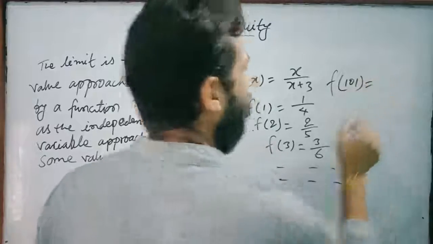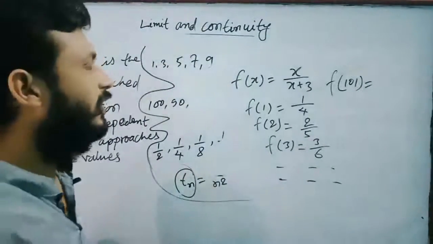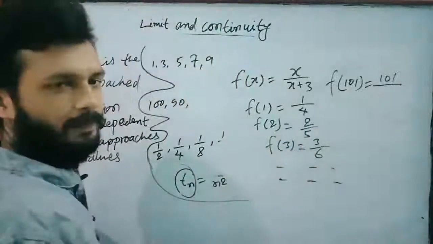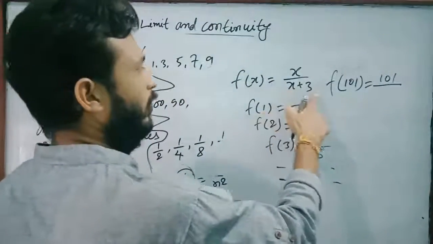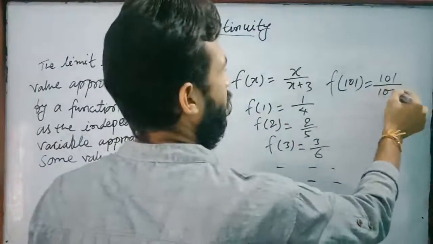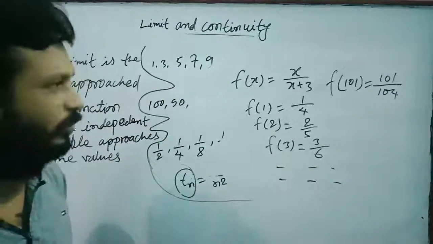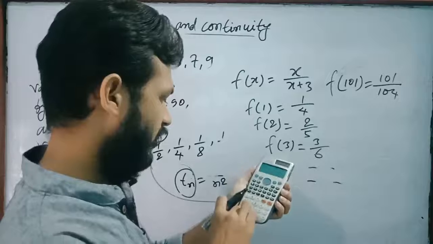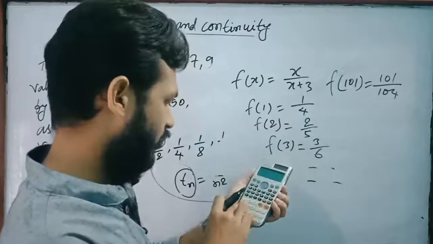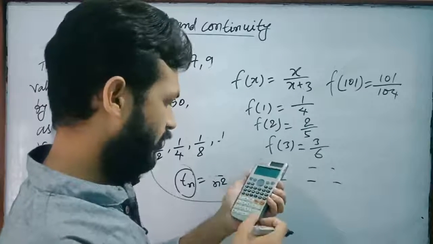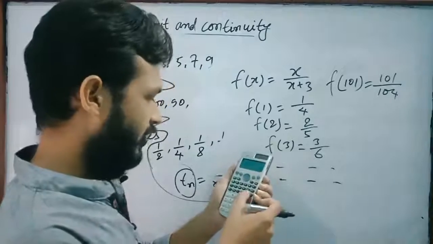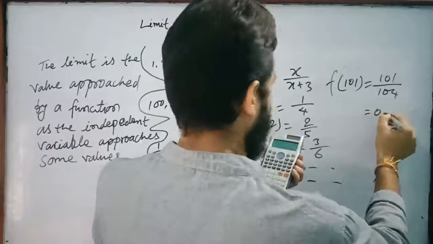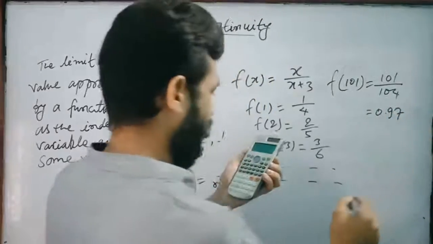Okay, suppose we write here f(101). Then we get 101 upon 101 plus 3, that is 104. Now 101 divided by 104, we get 0.97.